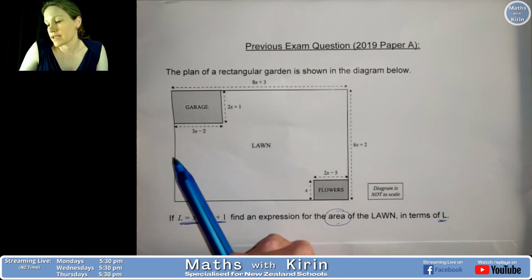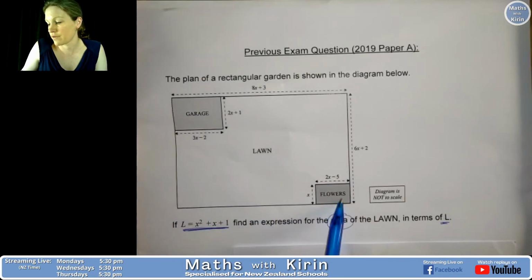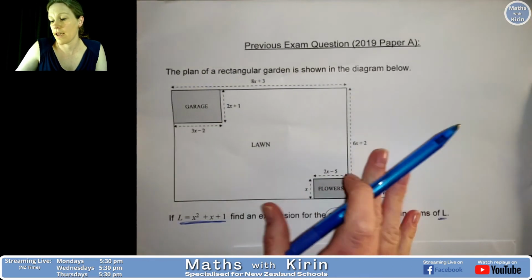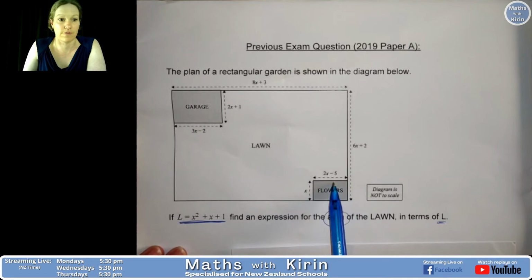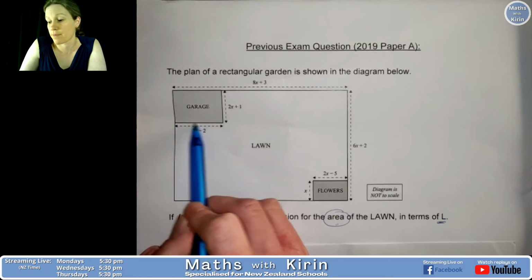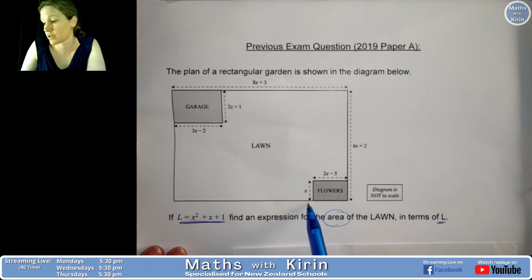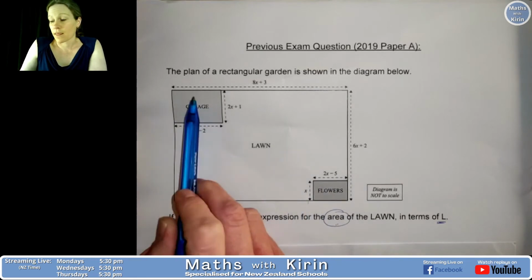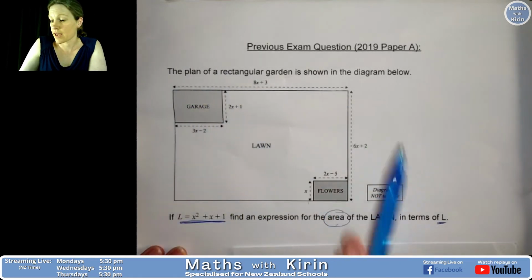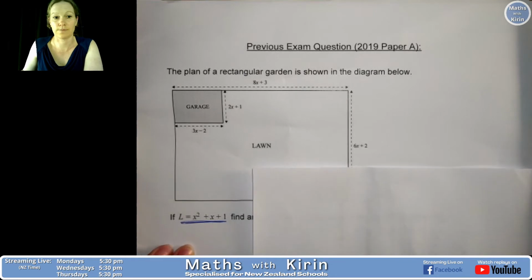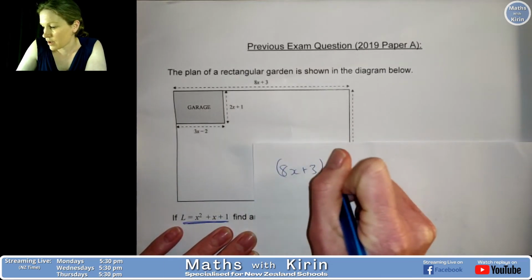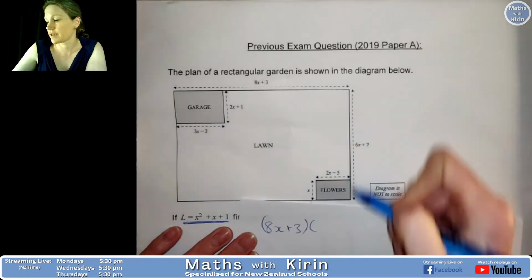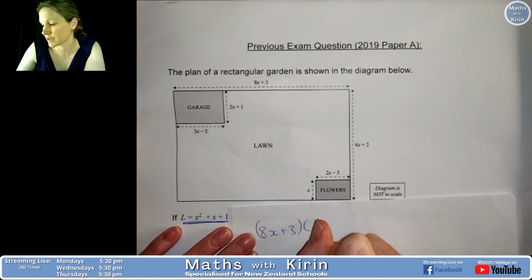To get that, we can work out the area of the entire rectangle, and then we just need to subtract the area of the garage and the area of the flowers. Okay, and we can do that because we are given the dimensions of the garage and the dimensions of the flowers. So we want to take our 8x plus 3, and I'll just write this up here, 8x plus 3, and we're going to multiply that by this length, the 6x plus 2.